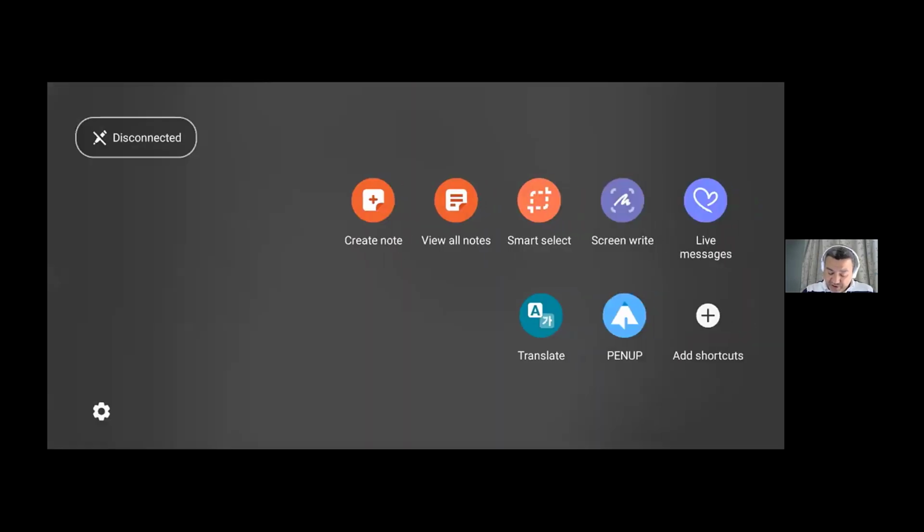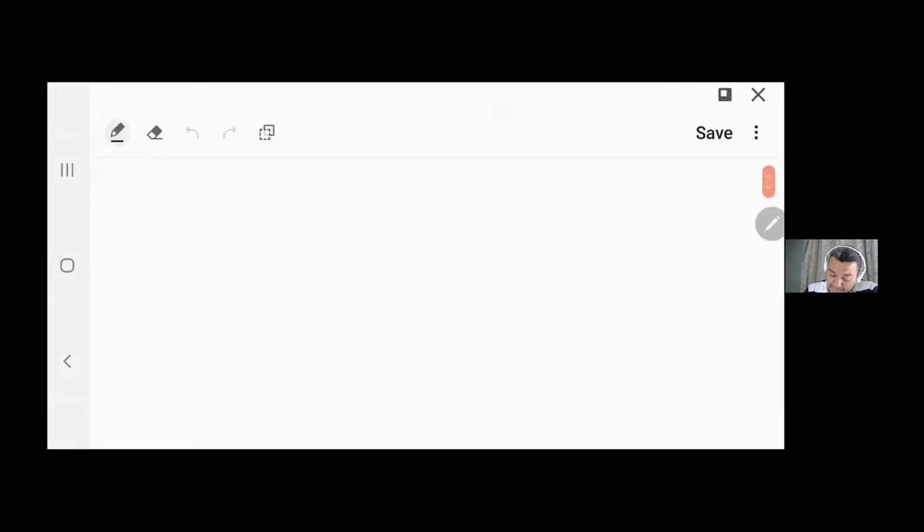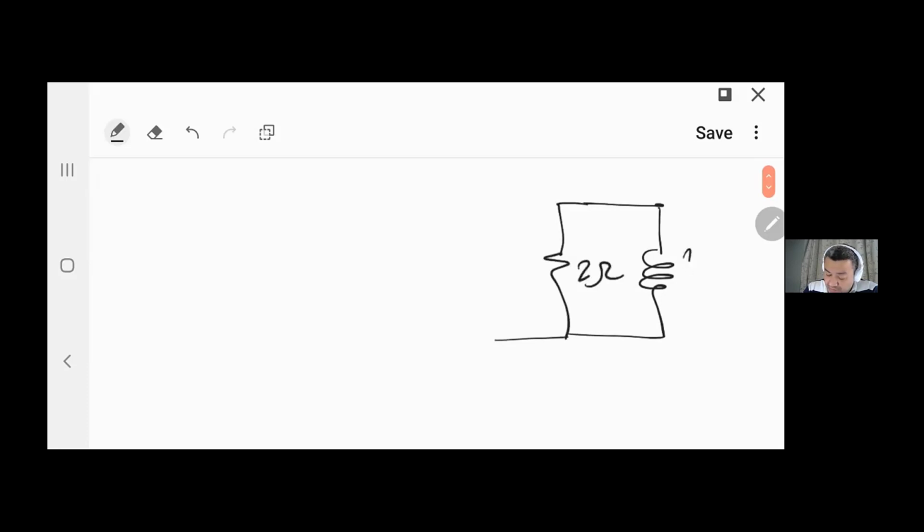So let me redraw the circuit. If I am to redraw the circuit, I have here my inductor, my resistor, 2 ohm, 1 ohm, 6 volts.